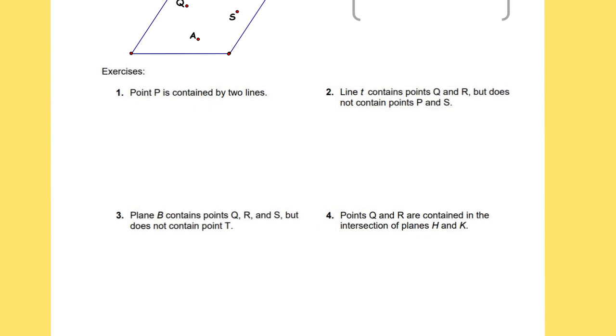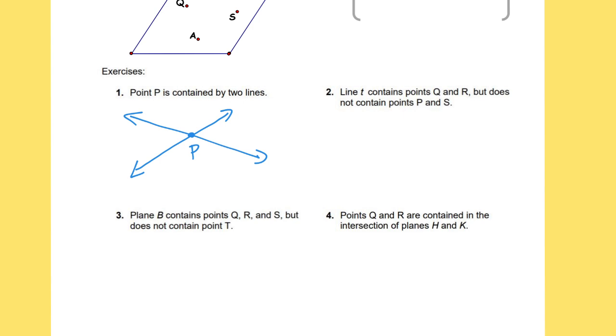So I'm going to draw 2 lines, and the lines, remember, are a collection of infinitely many points that go forever in 2 directions. So here's a line, and then there's another line here, and point P is contained by both of them. So that point is a member of both lines. They could have said 2 lines intersect at point P, but this is what they chose to say. There's nothing else stated, but this best shows what we're talking about.